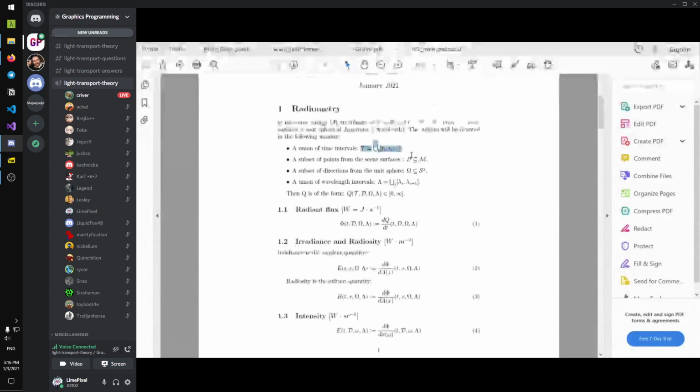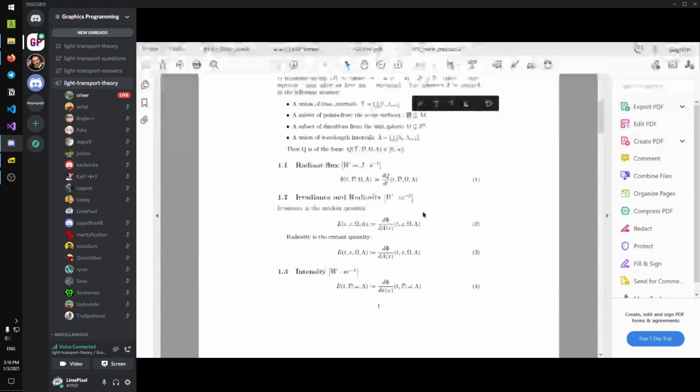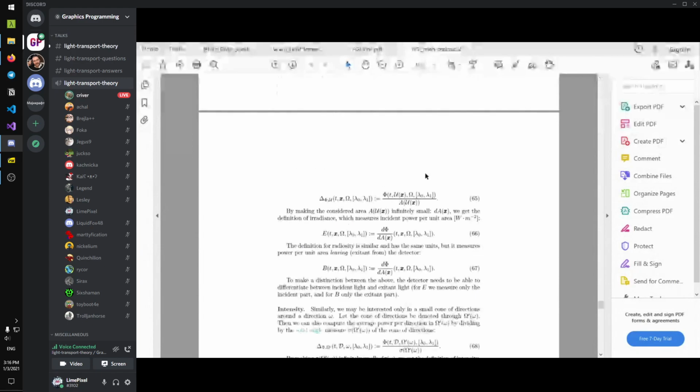So let's go back to the initial one. You have this set D here. So that would be U_x in this example. And you can obviously make this set smaller and smaller. We imagine just a disk around the point x on your detector, and you make that disk smaller and smaller, and obviously the area becomes smaller. So once again, this is just an average of the flux, this time over the area.